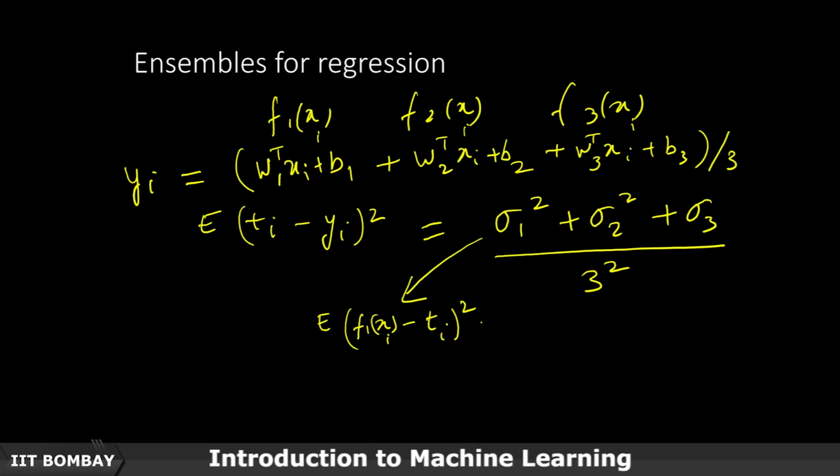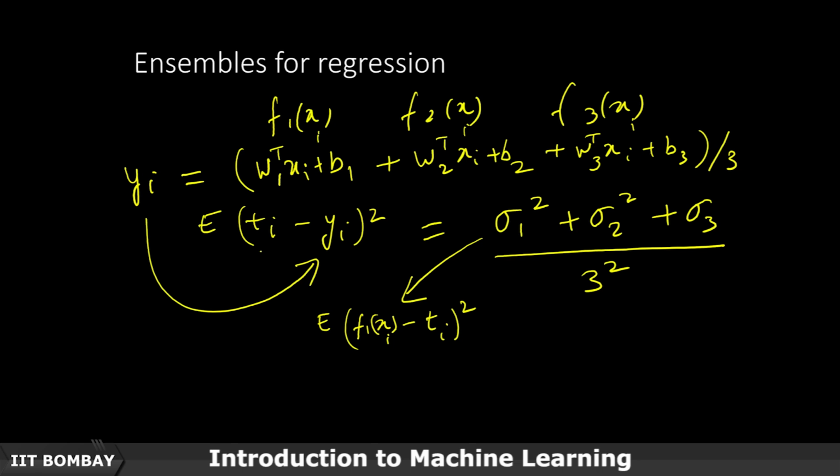But this is only true when we have the cross terms to be 0. The reason this comes out like this is that if we plug in this y here and take the difference from ti, the whole squared, we will get a yi squared term, a ti squared term, and ti yi terms.